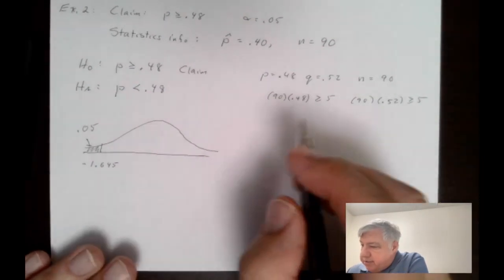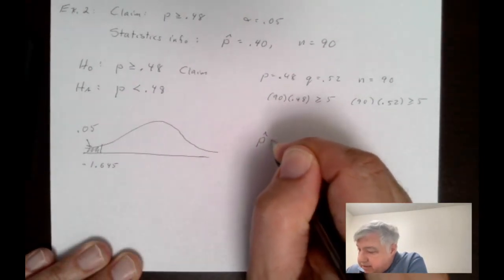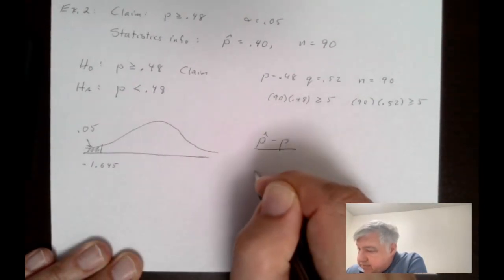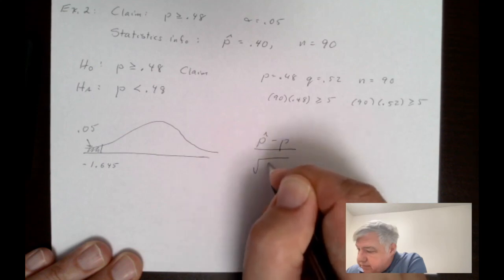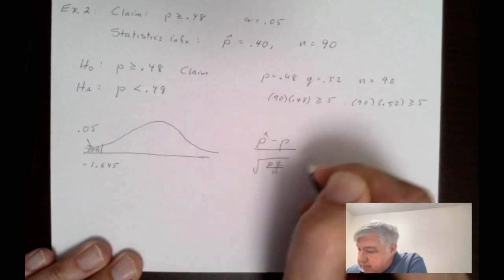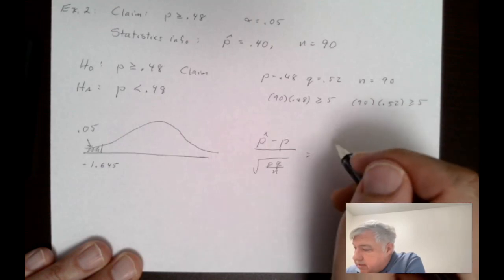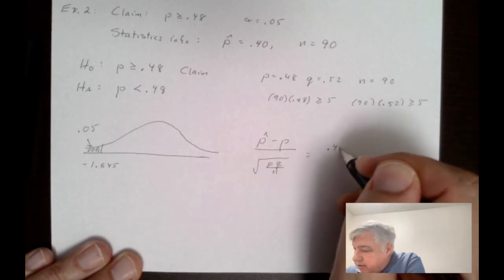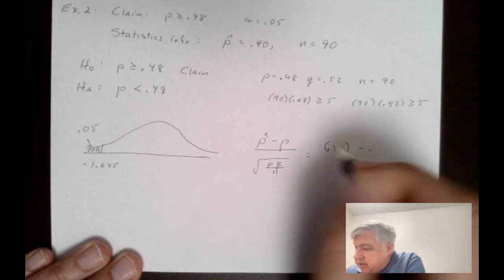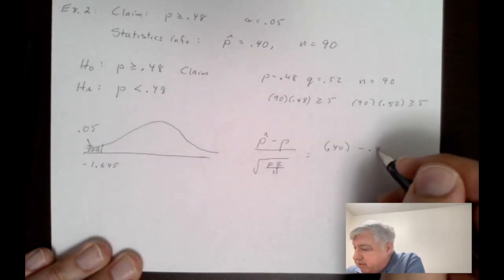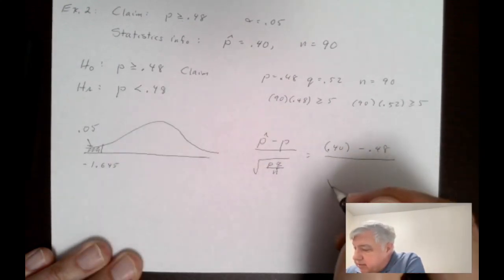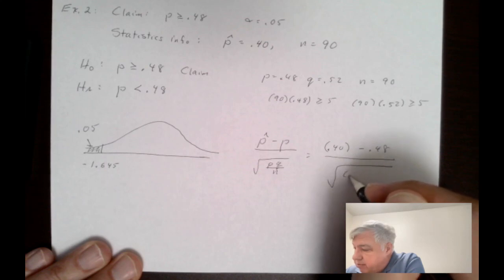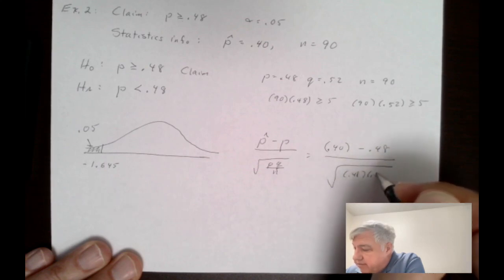Now we compute the standardized test statistic. So this is 0.40 minus p, still taking p to be 0.48, divided by the square root of 0.48 times 0.52 over 90.